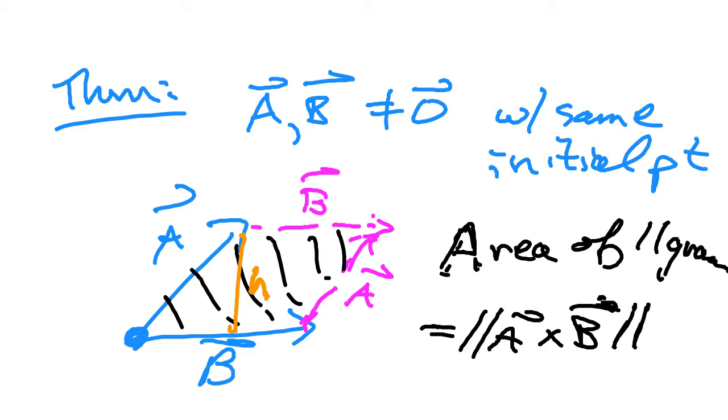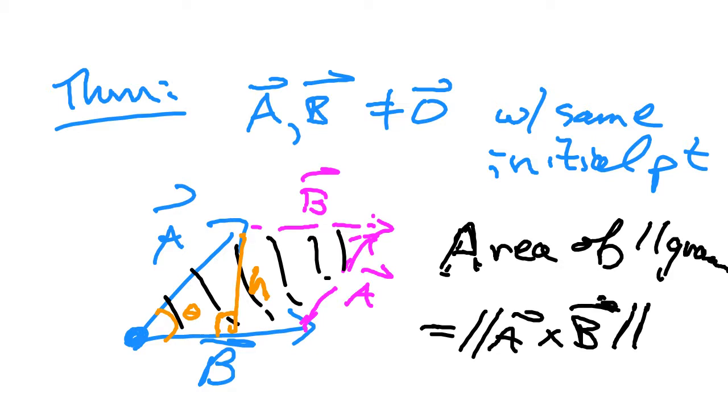Well, if the angle in between is theta, could I figure out this is a 90-degree rectangle, right? So the sine is the opposite, h, over the hypotenuse.